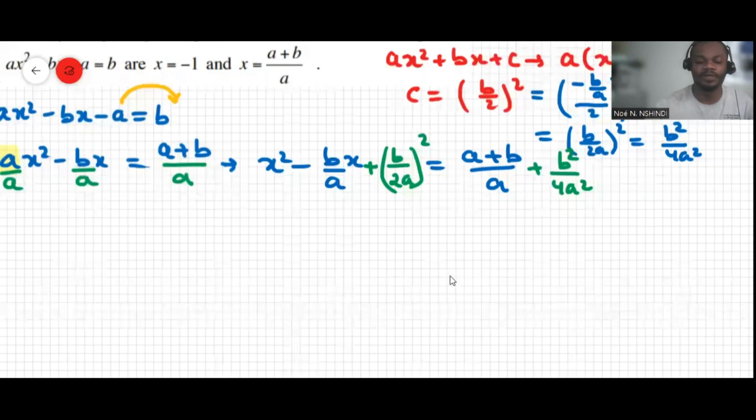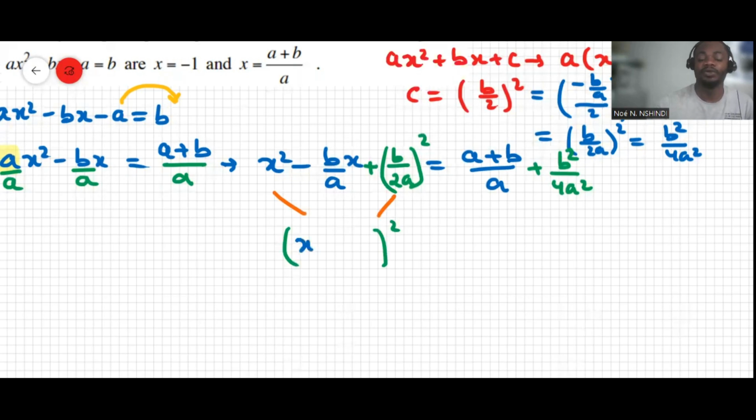We do know that this value makes the left hand side a perfect square. So we do know this is going to be to the power of 2, like that, and there is going to be x, and then we're going to use the sign of the middle term, so negative, and then what? b over 2a equal to a plus b over a plus b squared over 4a squared.